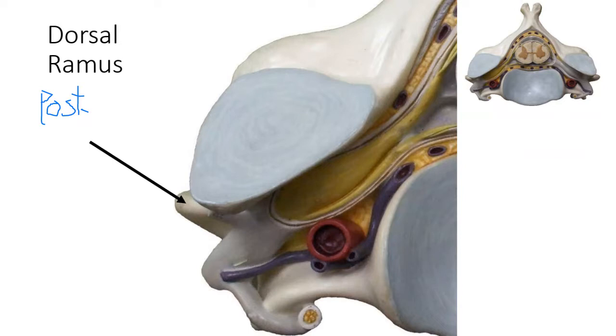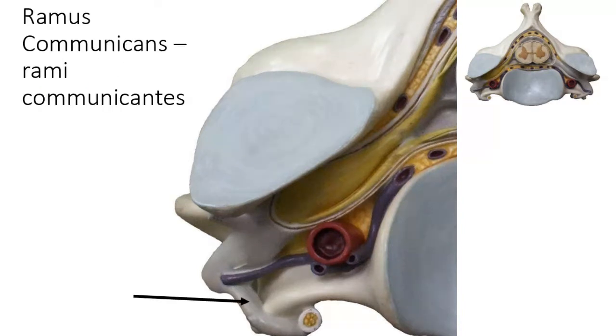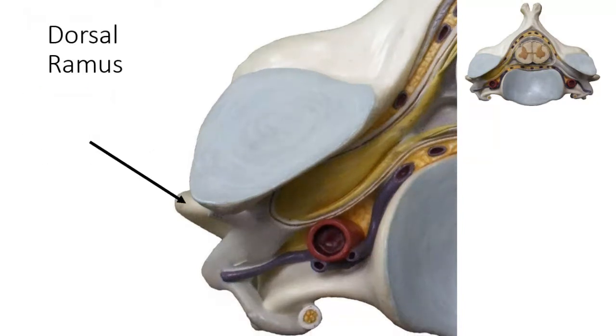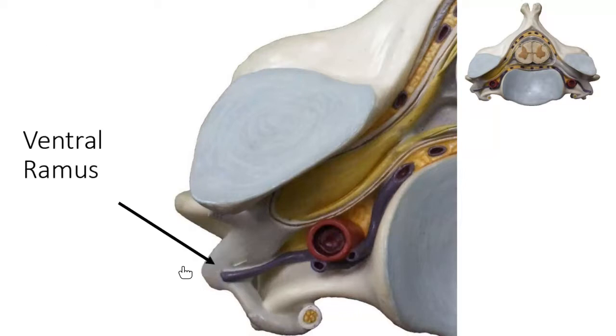Then you can see these two little branches that are going to come off the front, and we call, wait, hold on, back up. So we've got the dorsal ramus. Then you've got the ventral ramus or the anterior ramus. Now, I should tell you guys this. When you're taking your test, instead of writing ventral, you can write anterior, and instead of dorsal, you can write posterior.